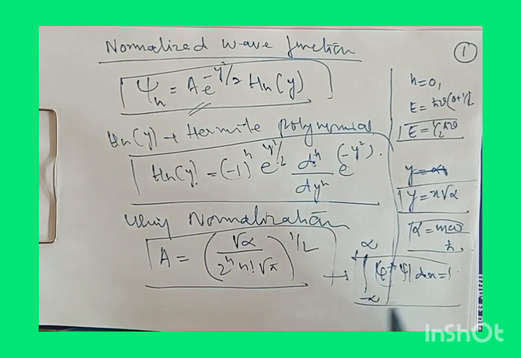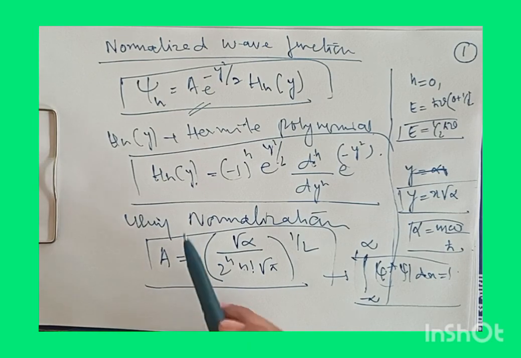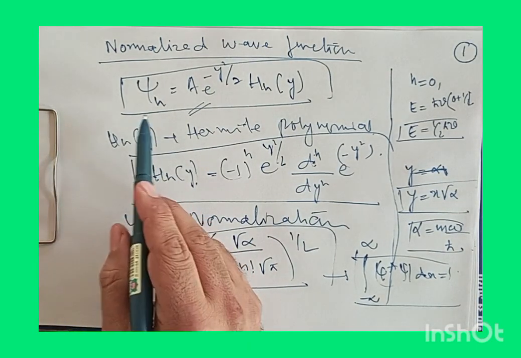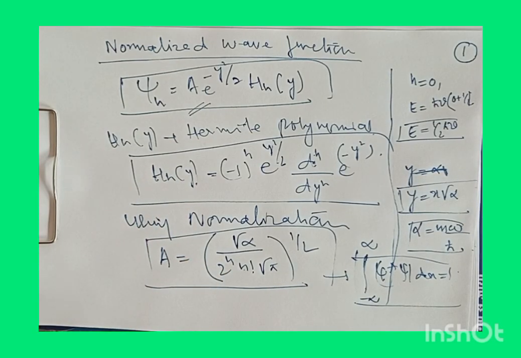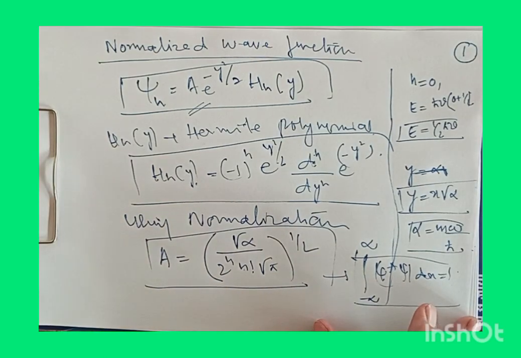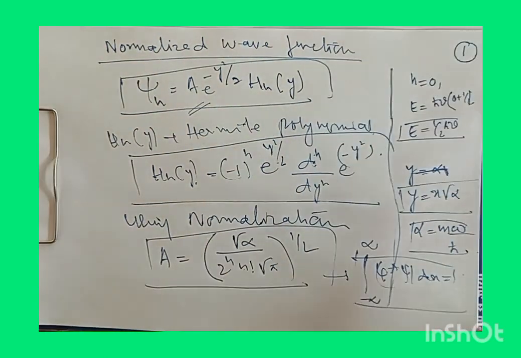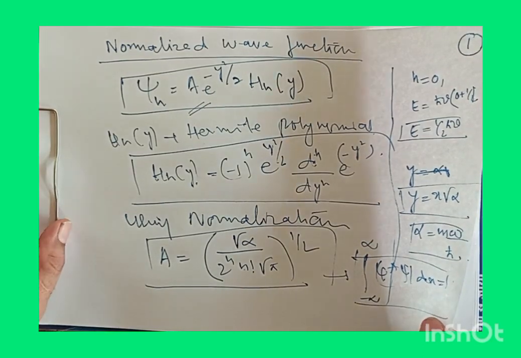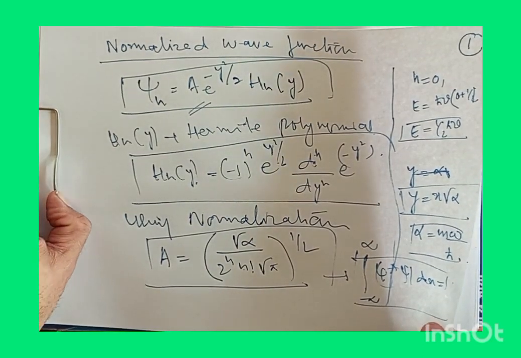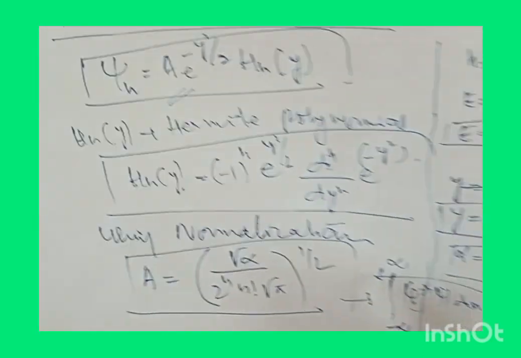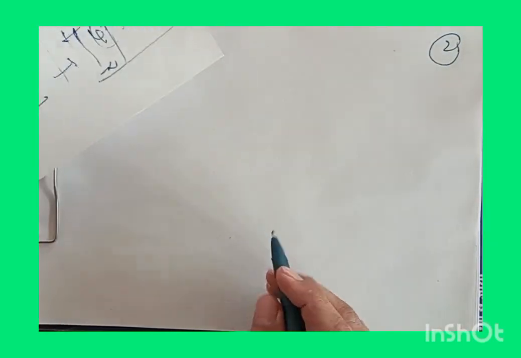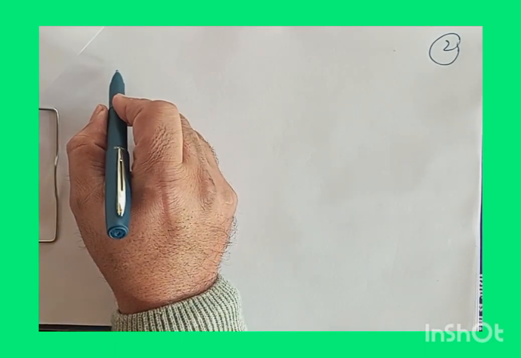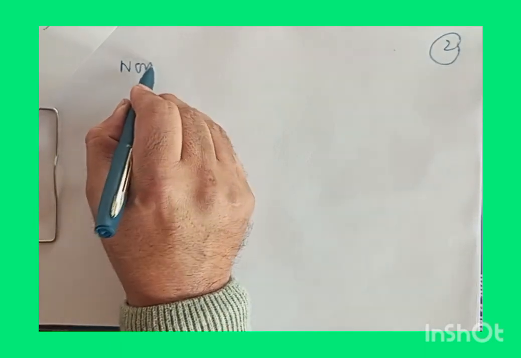Using this equation, we are in a position to calculate the constant A that appears in the solution that was proposed for the differential equation that we obtained by moving on from Schrodinger's wave equation. And so here we can write down the normalized wave function.